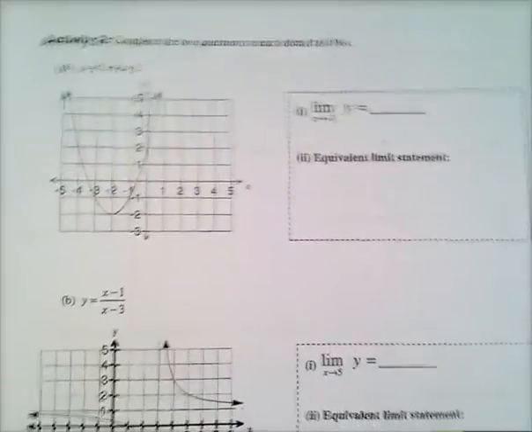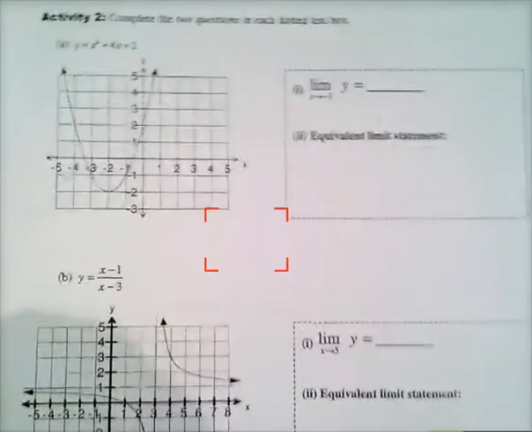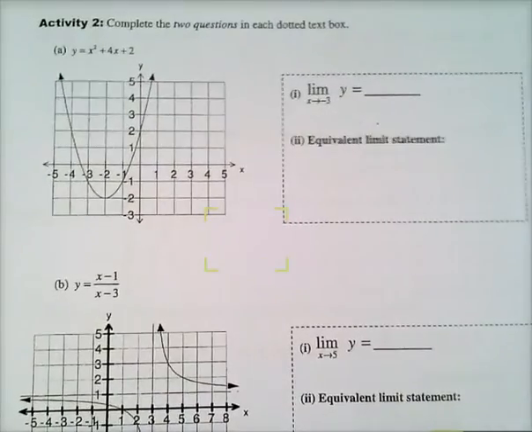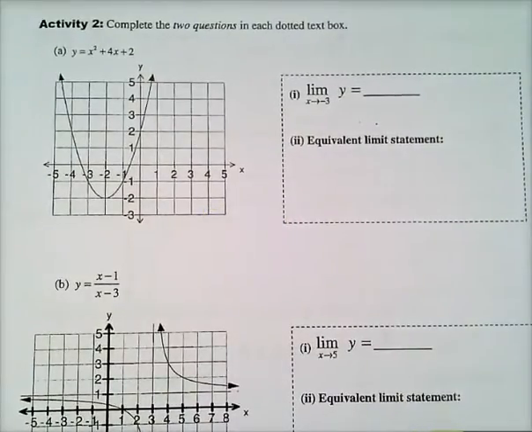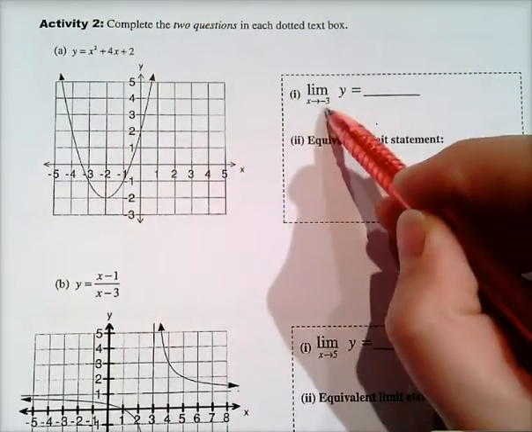Okay, so we'll just look down here at activity 2. We're going to complete these two questions now. Okay, with this first one, the limit as x approaches -3.